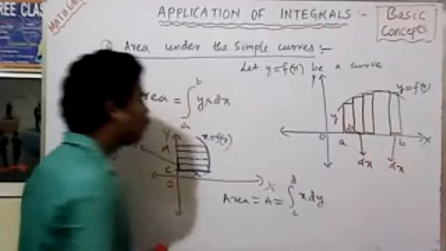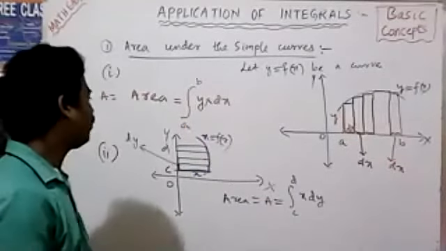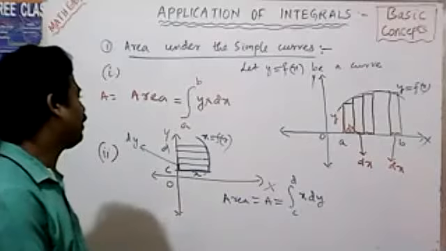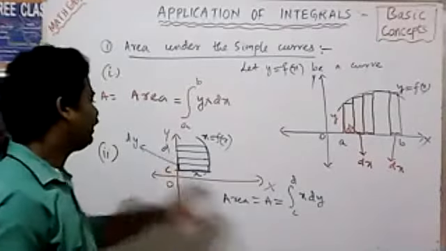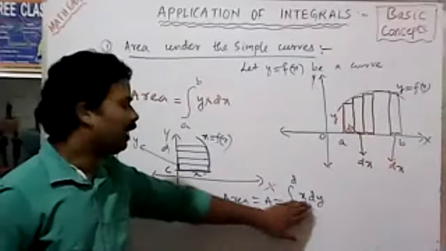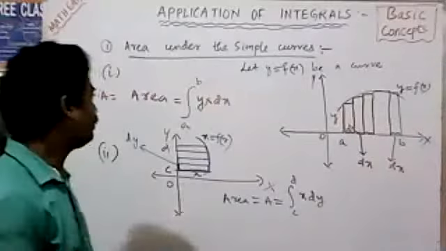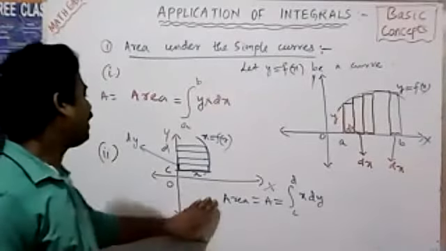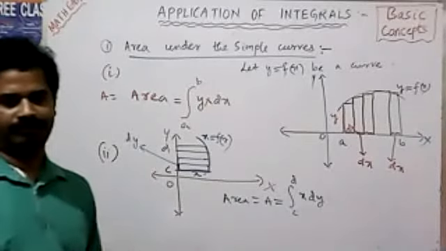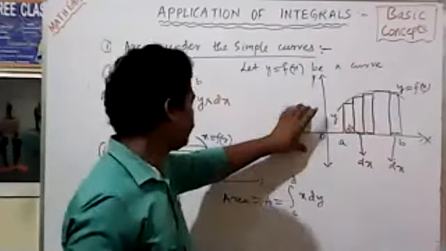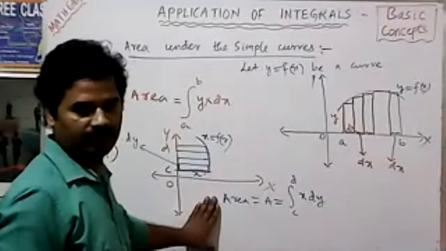That is the total area of the curve x is equal to f(y) from C to D: the integral from C to D of x dy is the area of the curve. This way you can find it.